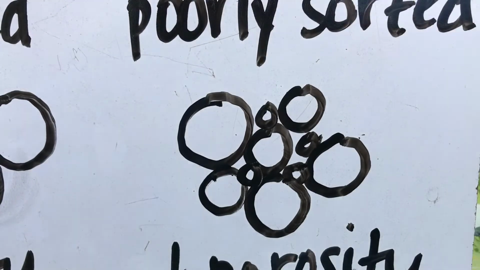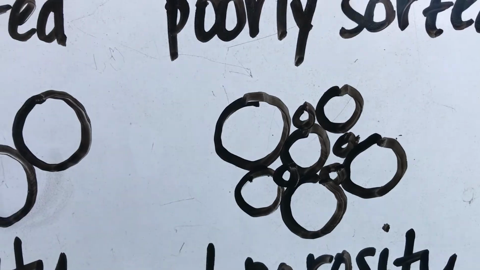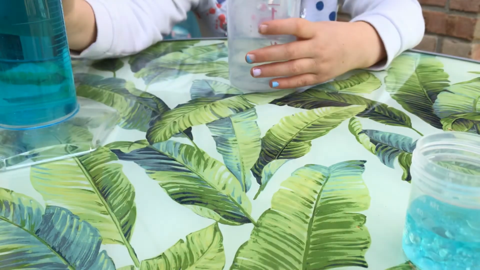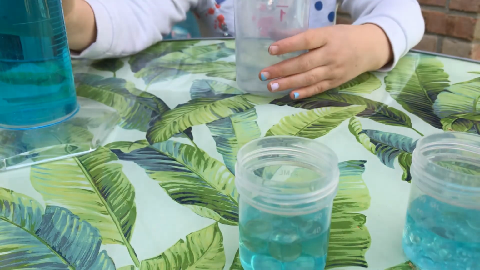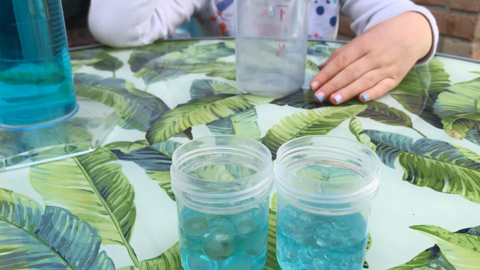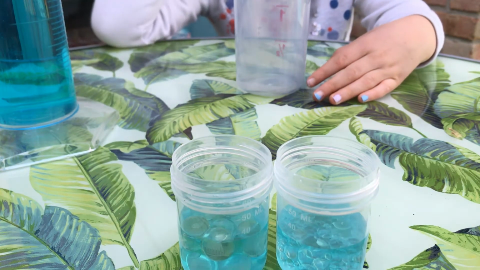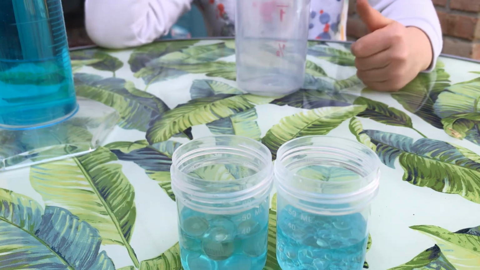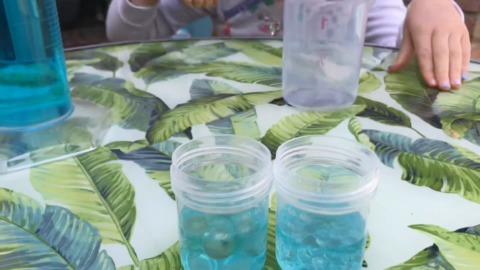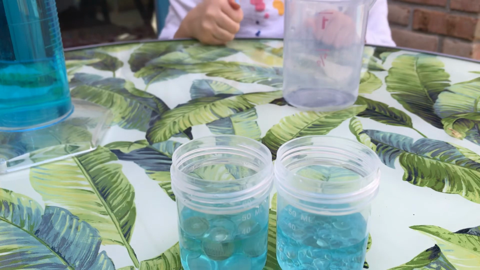So when we talk about groundwater, ideally what we're looking at is a measure of porosity, in the sense that well-sorted rock underground will store more water in its pores. So the higher the porosity, the greater the ability to store groundwater.